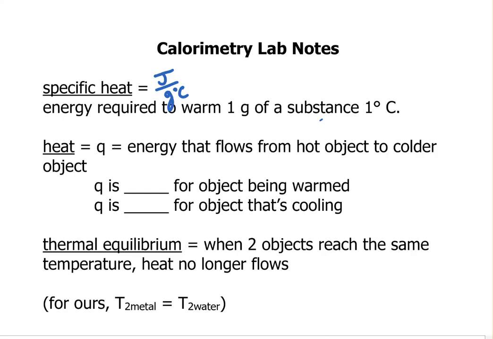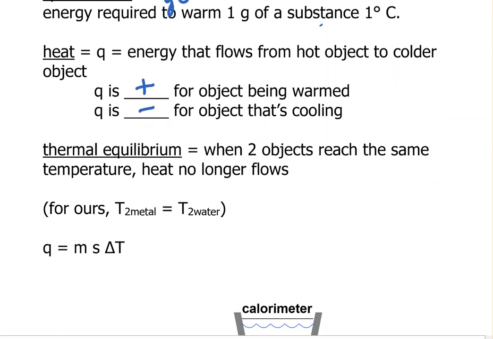Heat, of course, is Q, and Q has a sign. Q is positive for an object that is warming and negative for an object that is cooling. Thermal equilibrium is when two objects reach the same temperature. So if you have a hot object and a cold object, heat will flow.